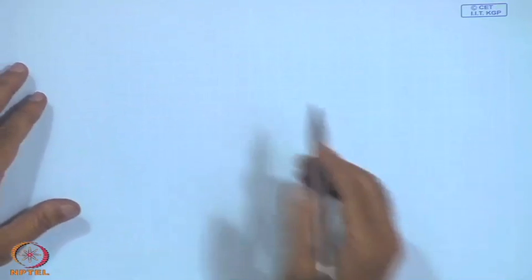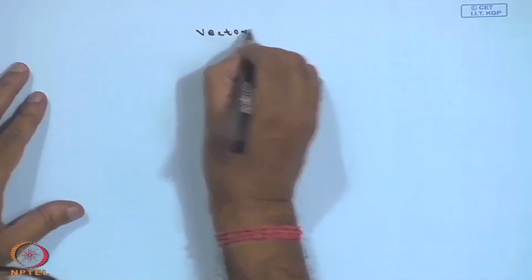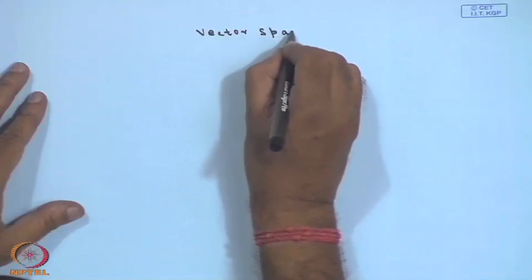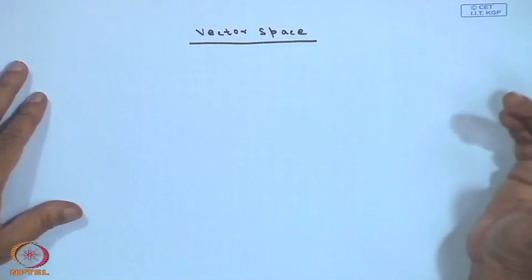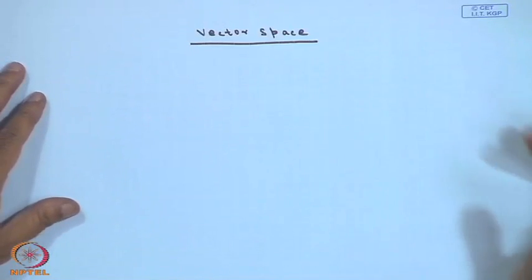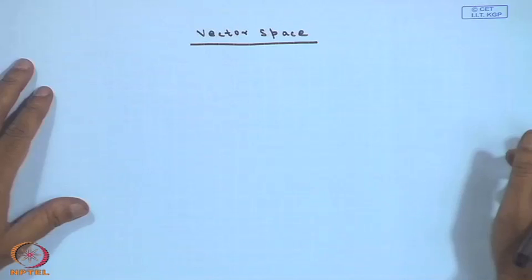So, this is the preliminaries about the matrix. Now, let us come to the next one, that is vector space. Basically, matrices having a single row or column are often referred to as vectors.